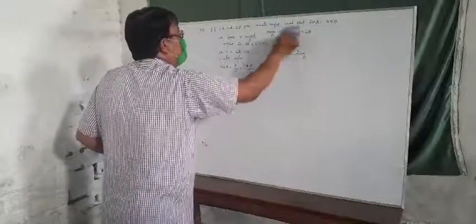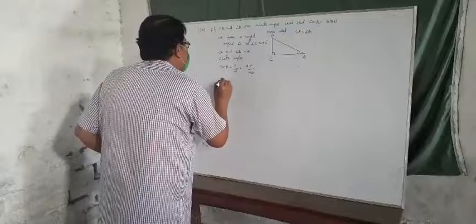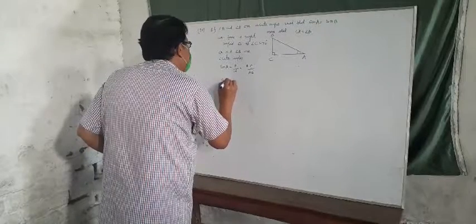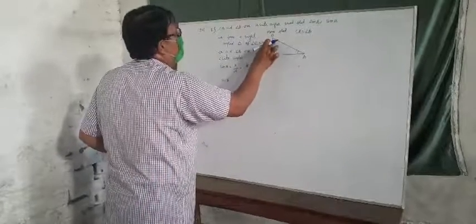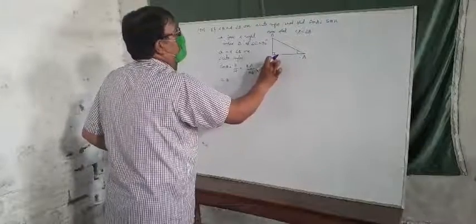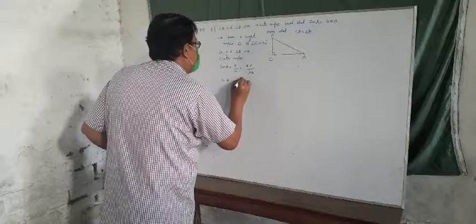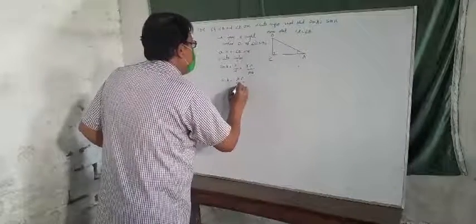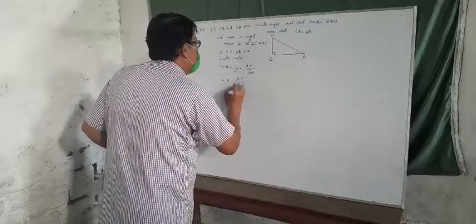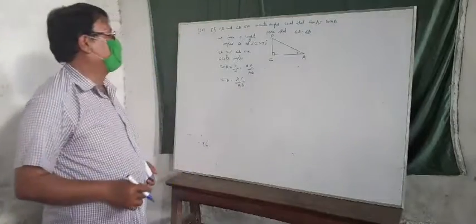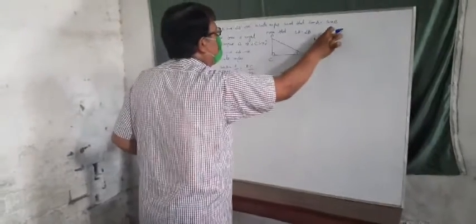Now find the value of sin B. For angle B, AC will be perpendicular, so sin B is AC upon AB. We have found the value of sin A and sin B.